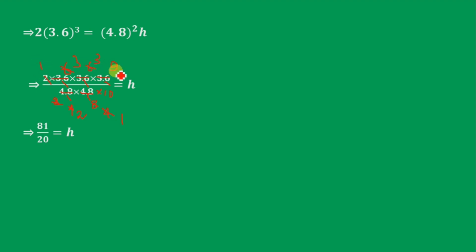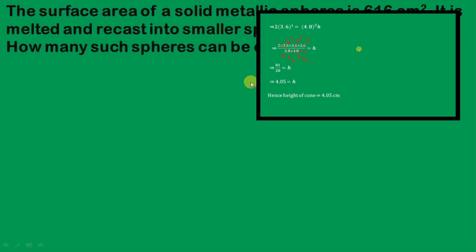So 3 3s are 9. 9 9s are 81. 2 into 10 is 20, is equal to h. h is equal to 4.05 centimeter. Hence, the height of the cone is equal to 4.05 centimeter.